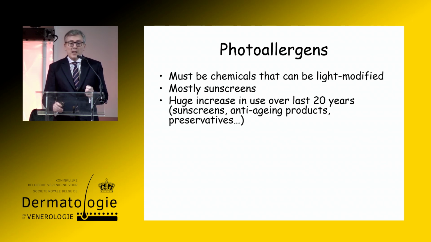But don't forget all these anti-aging products, many of them contain sunscreens. And of course, these sunscreens are also used to stabilize or as a preservative chemical for cosmetic items. So even though they don't list an SPF, for instance, or don't say there's a sunblock in it, they're using sunblock chemicals as preservatives in makeup, foundation, or shampoos and various other things. So there can be unexpected exposure to sunblock chemicals.